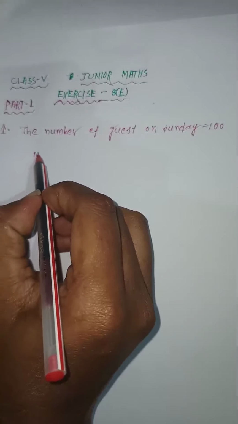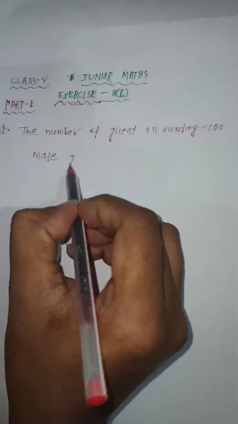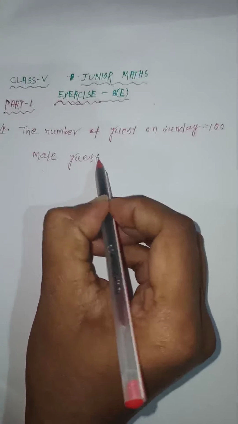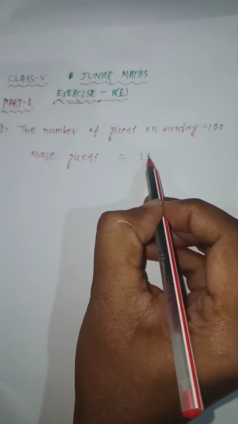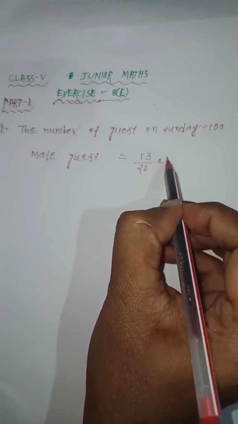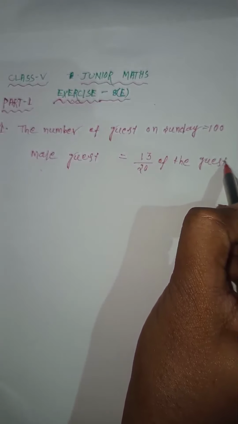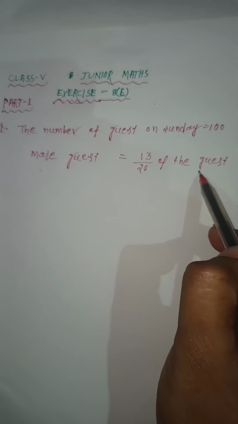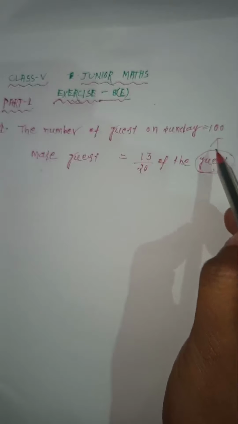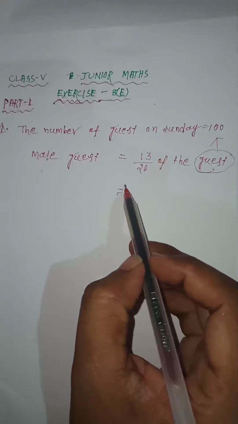So male guest is equal to 13 by 20 of the guest. Guest means here 100. So we can find out the male guests.